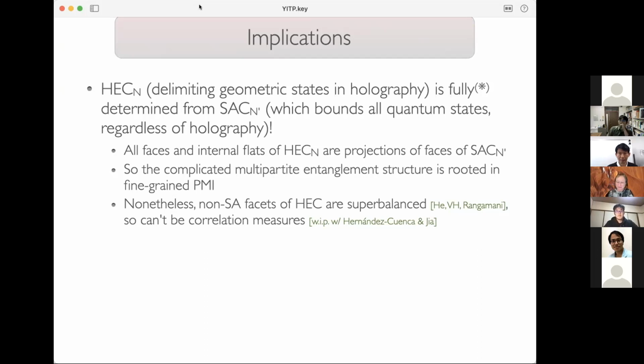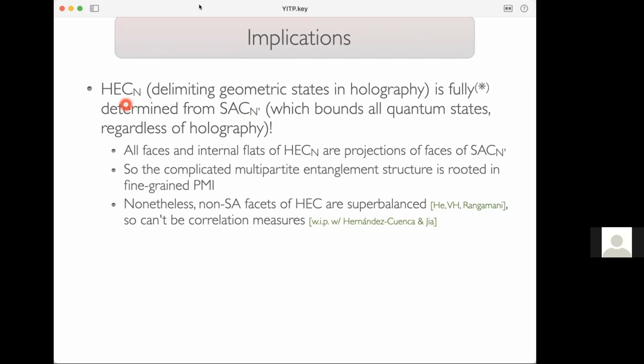And yet, knowing the right set of extreme rays of this subadditivity cone allows us to take the convex hull of their projection to this n-party space, and that convex hull specifies this holographic entropy cone.